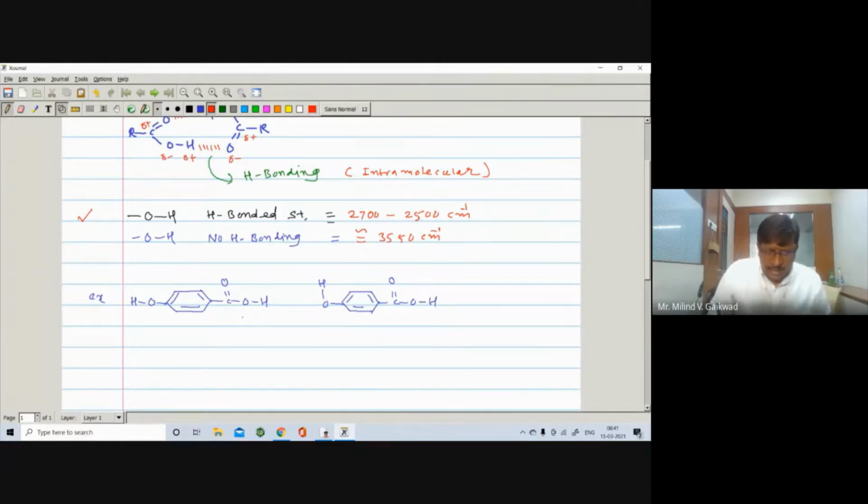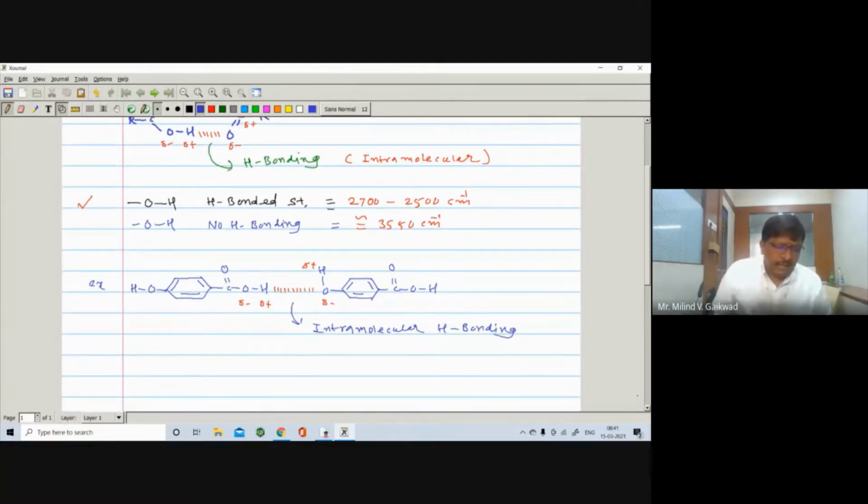Look here, here is partial negative, partial positive. So between these two molecules also there is a formation of such hydrogen bonding. It is an example of hydrogen bonding between the two molecules, H bonding.